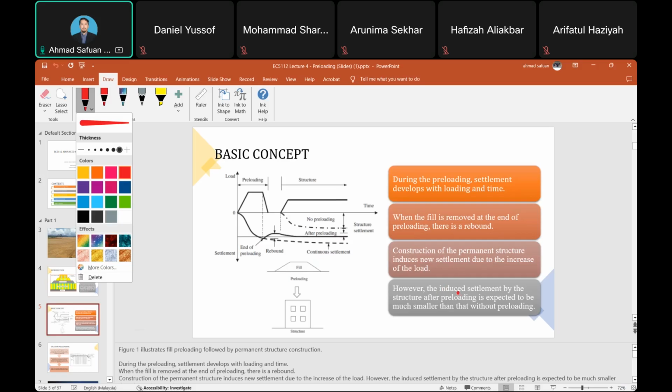However, the induced settlement by the structure after preloading is expected to be much smaller than that without preloading. So we need to know the structure loads, and at the same time the preloading load should be greater than the structure loads.